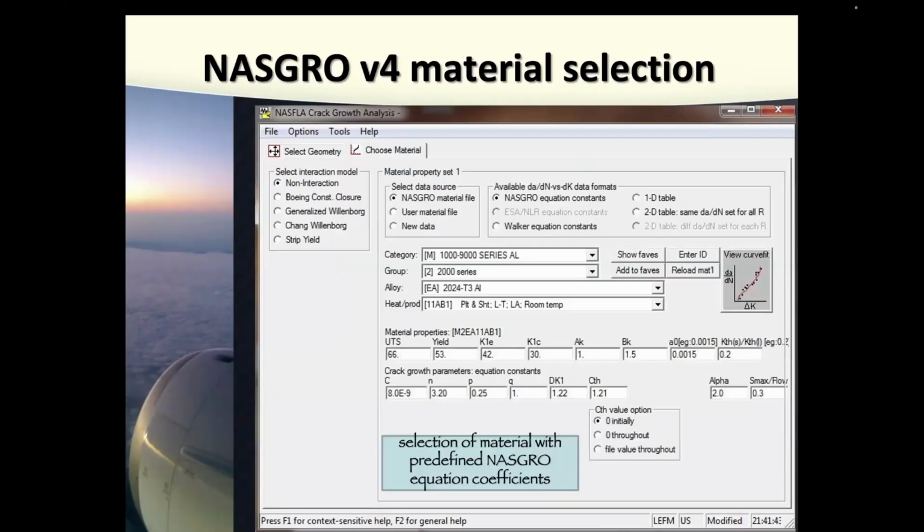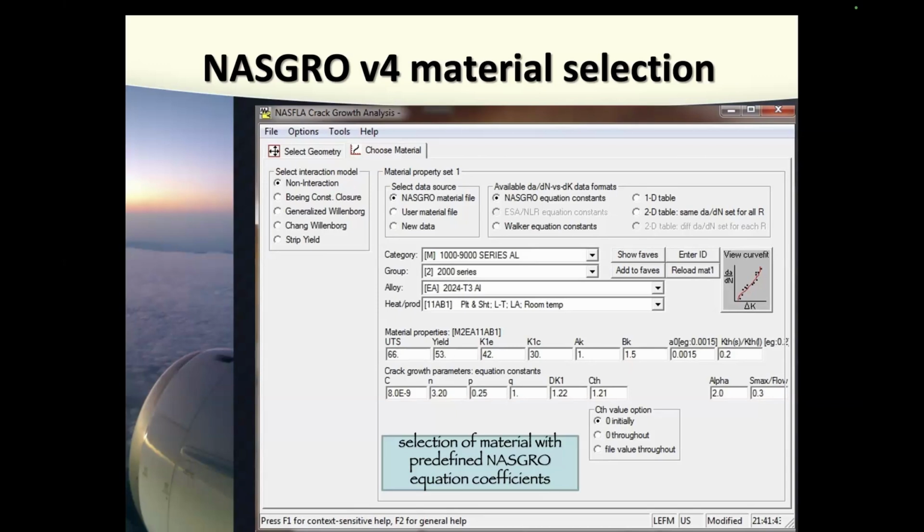Next step, you choose the material. In this case, my choice was aluminum 2024-T3, because this is the most widely used material in aircraft design. You can see here all the coefficients for the NASGRO equation, C and p, q, DK1, Bk, Ak, K1c, and so on. And then you simply implement this in your calculations.